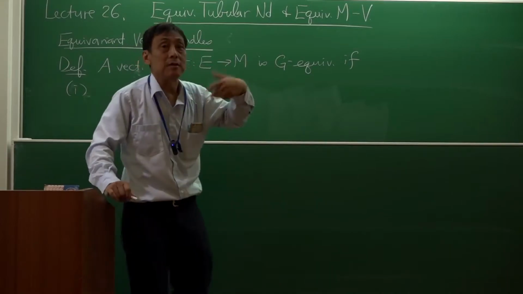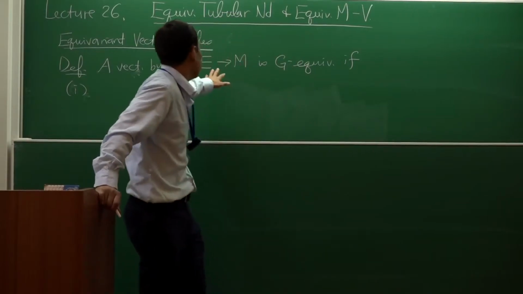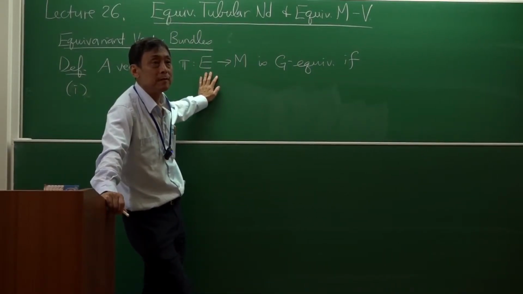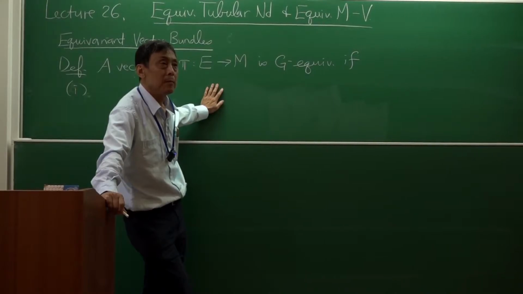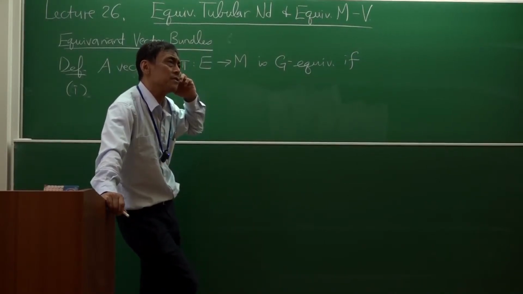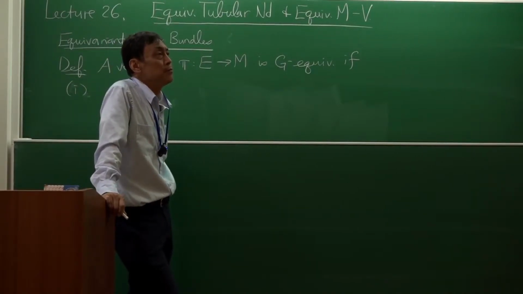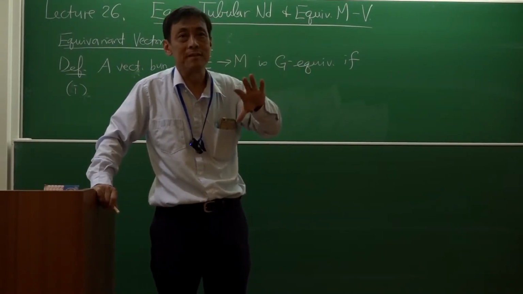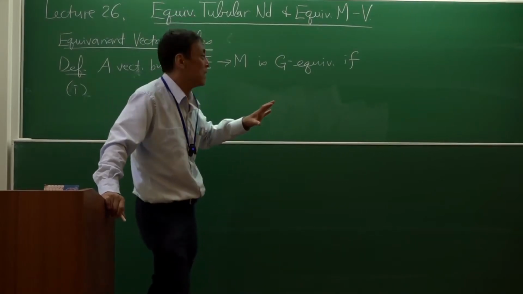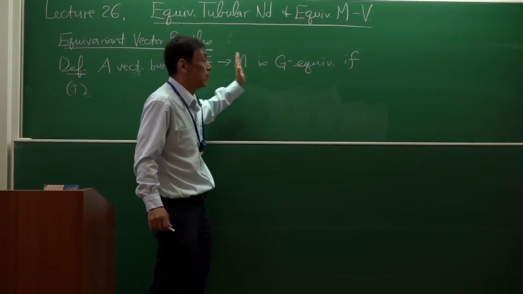Well, if there's a G action on the fiber, then there's a G action on E, right? Because E is composed of fibers. But if you require that the G action sends a fiber to itself, that's too restrictive. So you should allow that G action to send a fiber to another fiber.